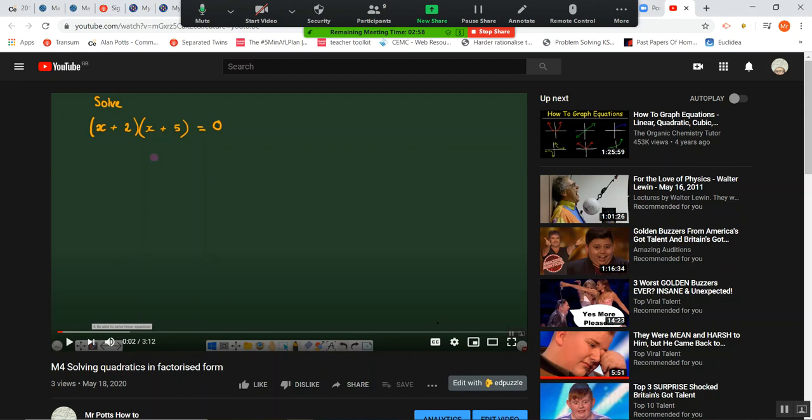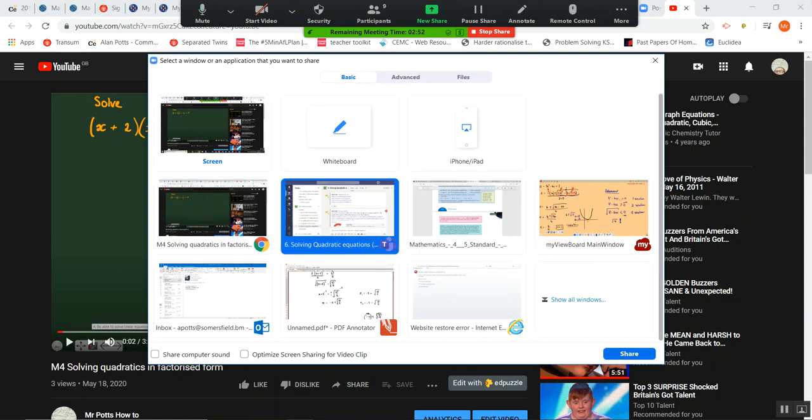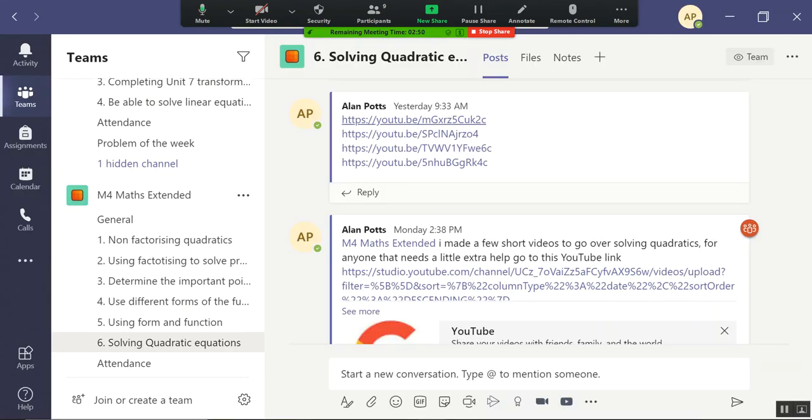So those 4 links, what I did with those 4 links is I actually, before last lesson, so this is not the lesson, but I went through right from the beginning. I went, right, these are examples for solving with factorization. And I did a few different examples. So what if the brackets are both positive?